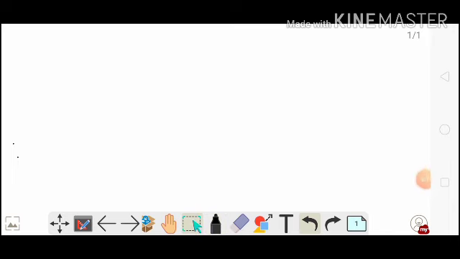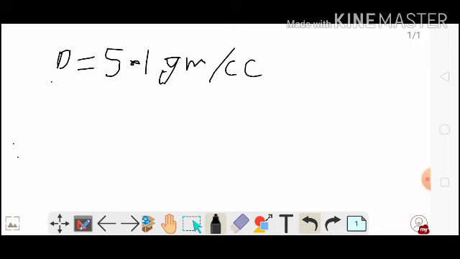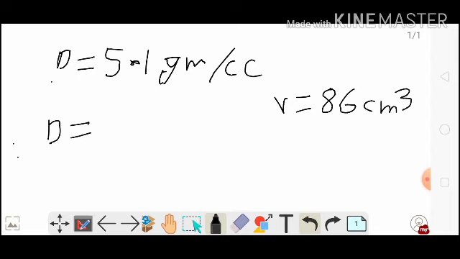Now the last and the final one is number 4. The density of zinc is 5.1 gram per cc, and we have to find the mass of the zinc of volume 86 centimeter cube. So density and volume are given, we have to find out the mass. In the same formula, density is equal to mass by volume, so mass will be equal to density multiplied by volume.